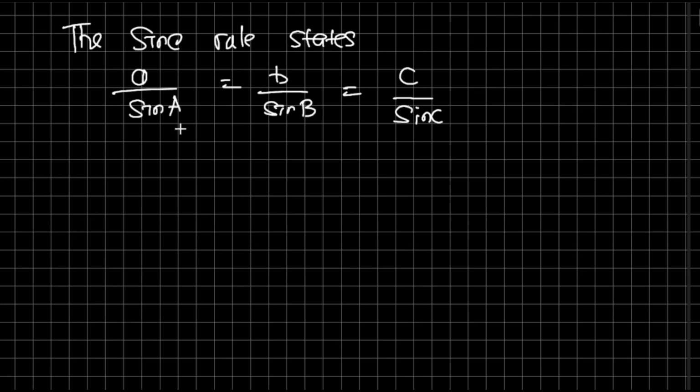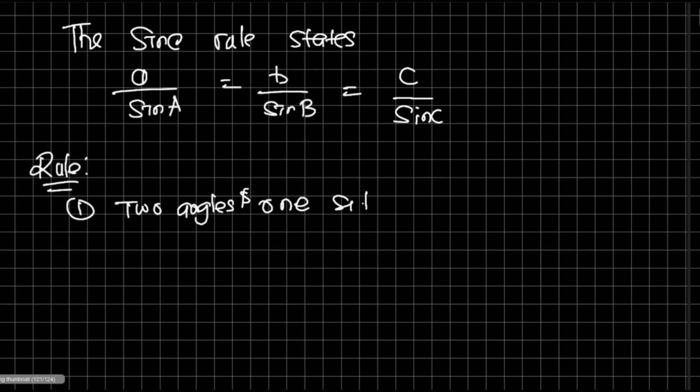What are the rules for using the sine rule? The rules for using the sine rule are: when you have two angles and one side, you can use the sine rule.